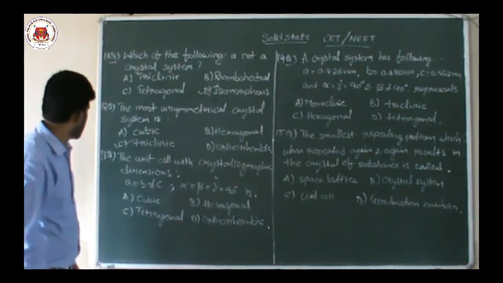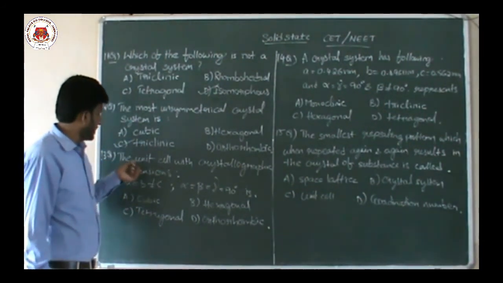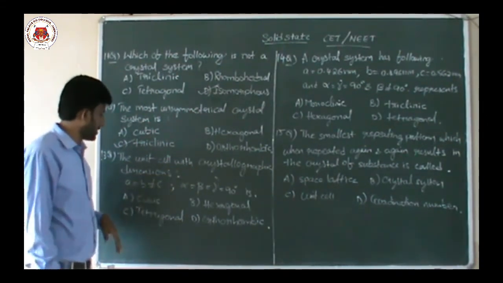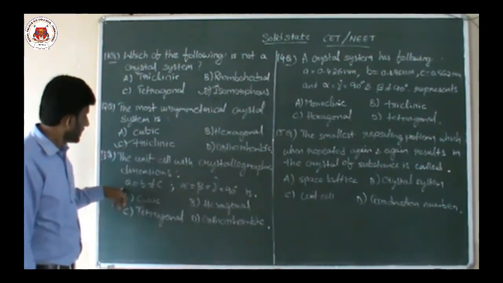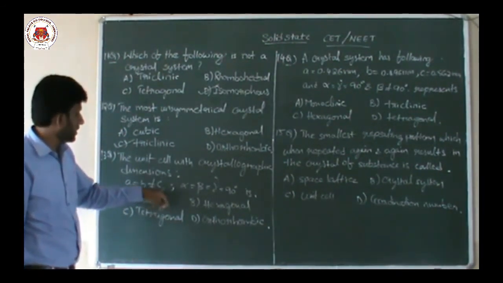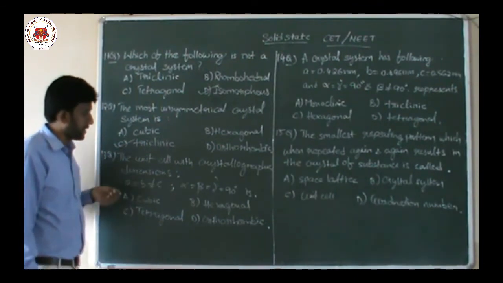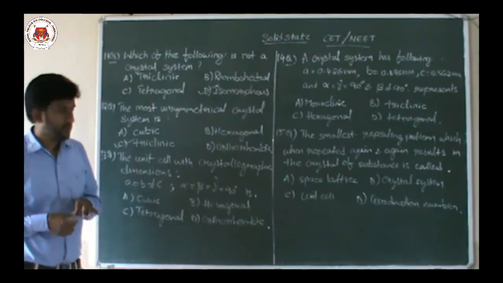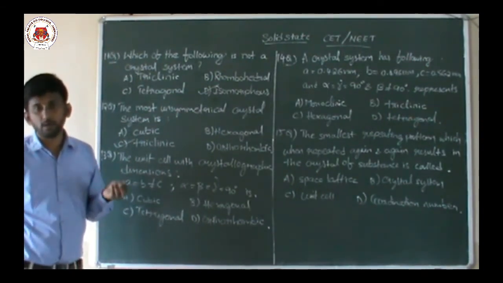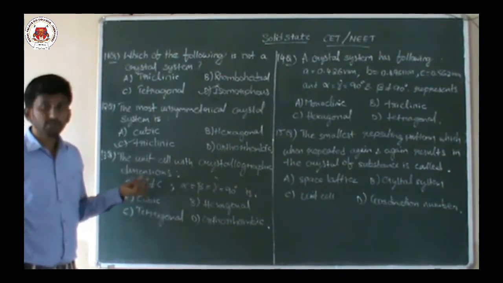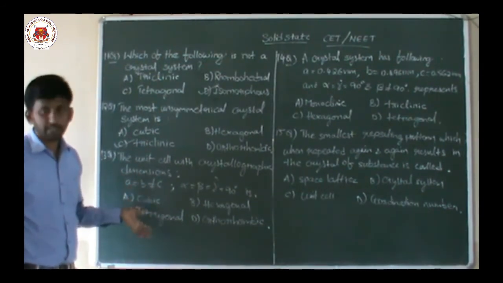Okay. Coming to the next question, 13th one. The unit cell with crystallographic dimensions A equal to B, B not equal to C, alpha, beta, gamma equal to 90 degrees is. Now you need to memorize all these alpha, beta and ABC values, so that you remember the type of crystal systems.